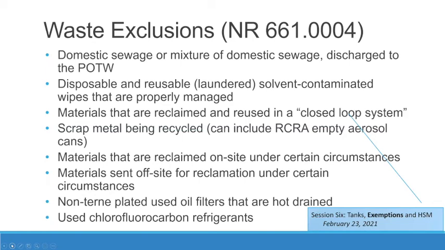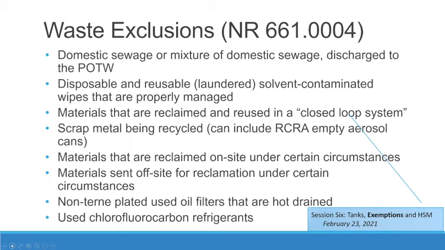Now, one caveat to that, and it's a very important caveat, is that you need to make sure that you're in compliance with the local discharge limits. POTW stands for Publicly Owned Treatment Works, or the sewage treatment plant. So while this exclusion exists, you can't just say, oh, I'm just going to dump the stuff down the drain, and because I put it down the drain, it's excluded. That isn't how it works.